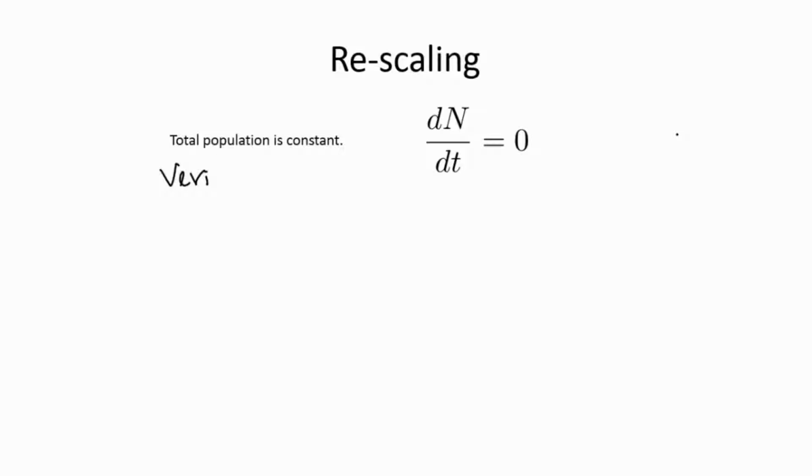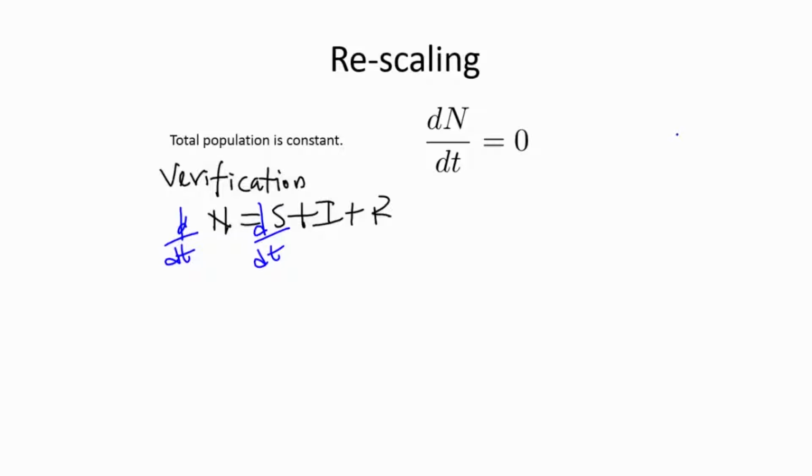So this is a verification. We have that n equals S plus I plus R. So what happens if we take the derivative on both sides? We differentiate with respect to t every term.